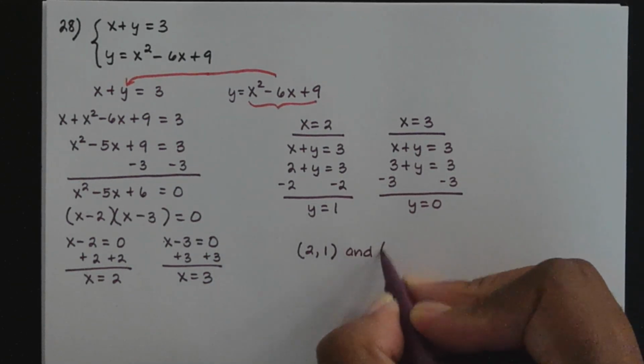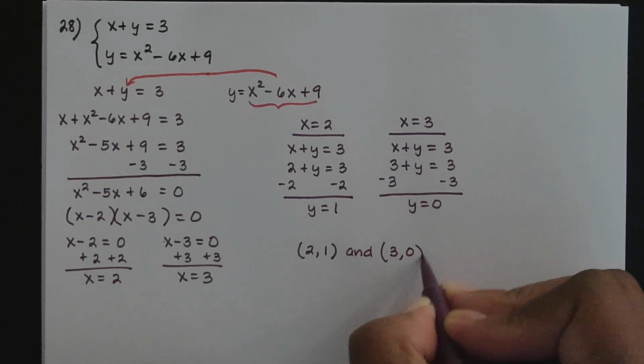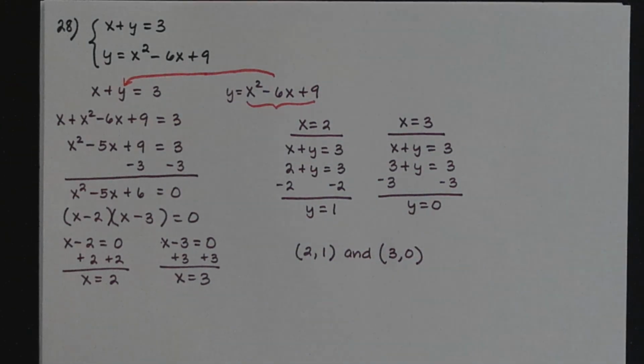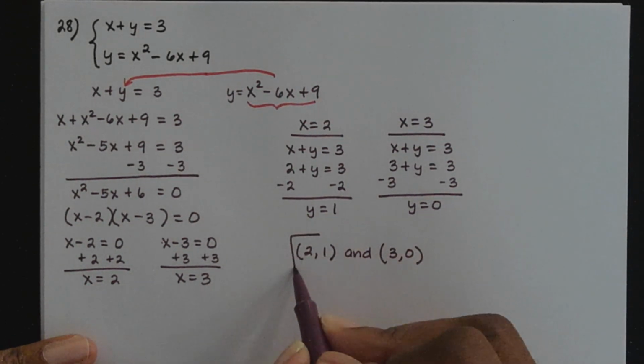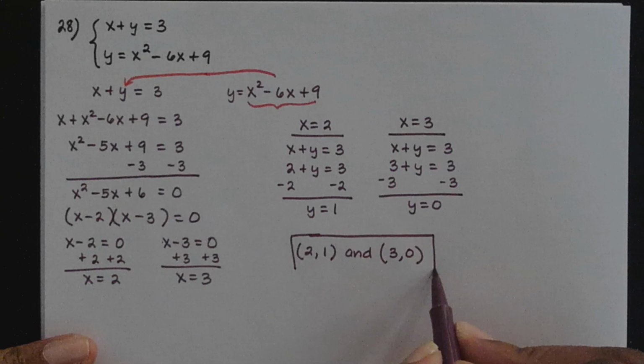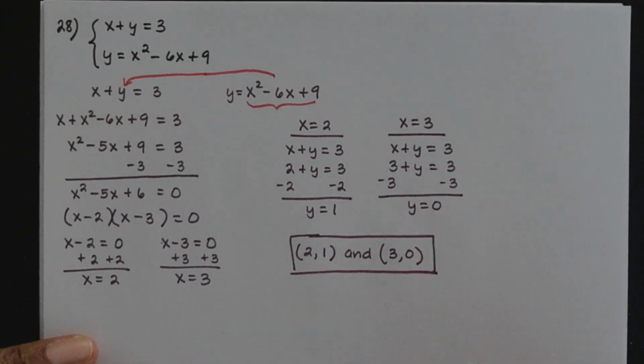So when x is 3, my y value will be 0. So these are my two ordered pairs for this system of equations: (2, 1) and (3, 0). Those are the ordered pairs that will satisfy that system of equations.